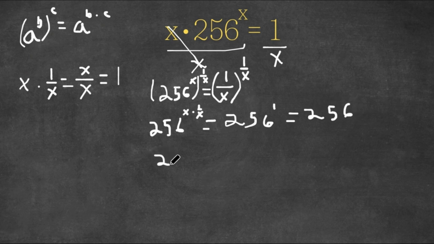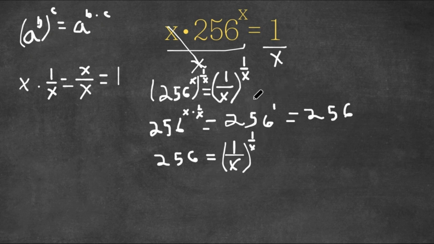So we have 256 equals 1 over x to the power of 1 over x.